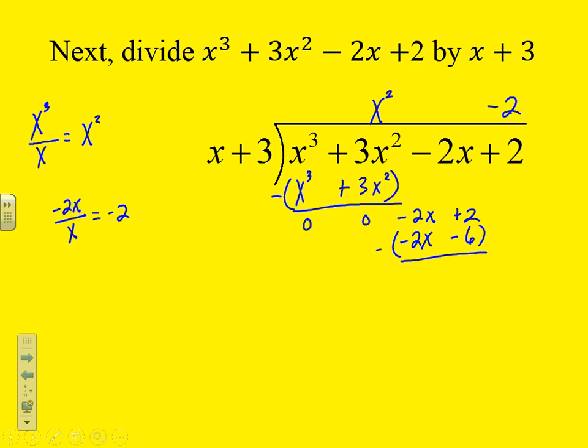Subtract the expression. Negative 2 minus negative 2 cancels out. And that's kind of the whole point. Every problem that we do with long division, that very first one should always make a 0. And now if I say 2 minus negative 6, well, that's going to give me a positive 8. So that right there is my remainder, because there's nothing else to bring down.